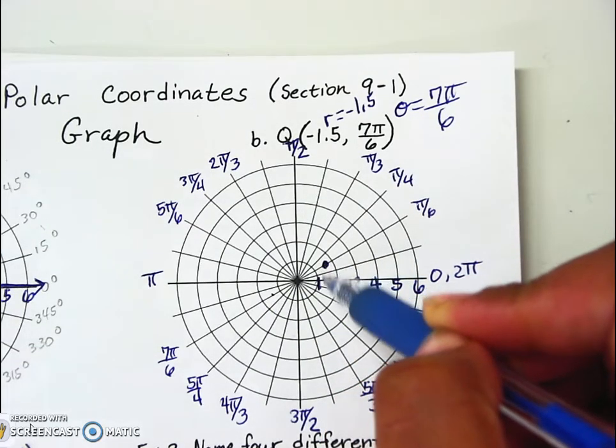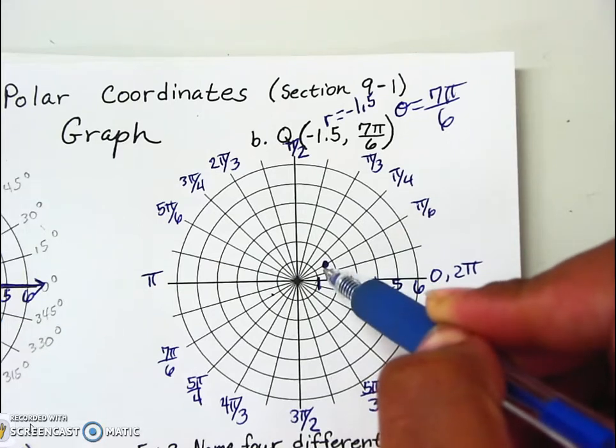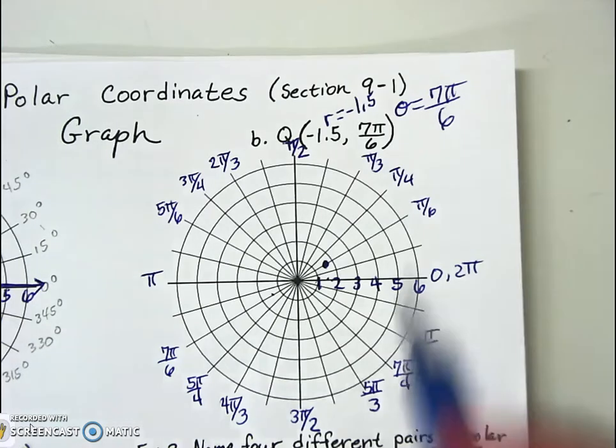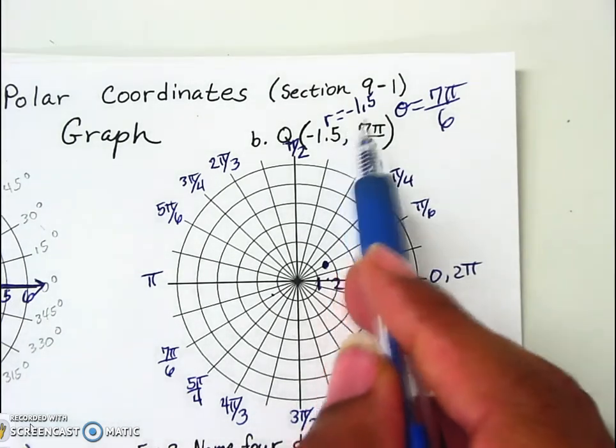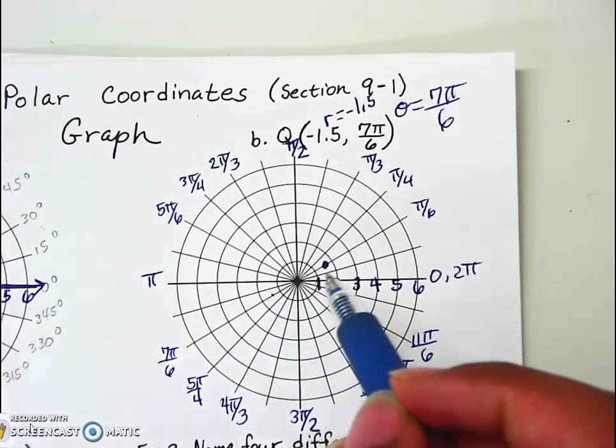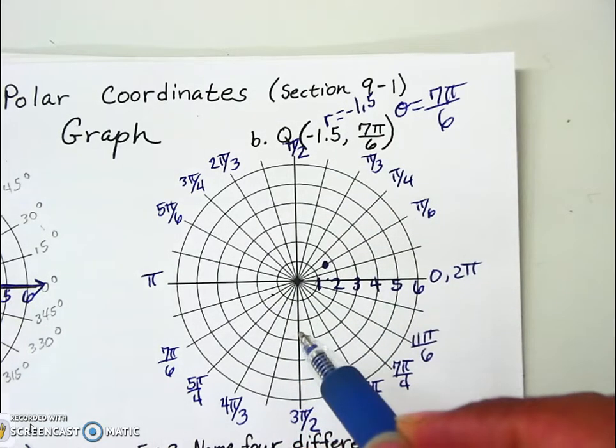So it's positive 1.5 here because we backed it up, which means it changed that angle. So we always want it to be positive. When we back it up, that's because there's a negative r.